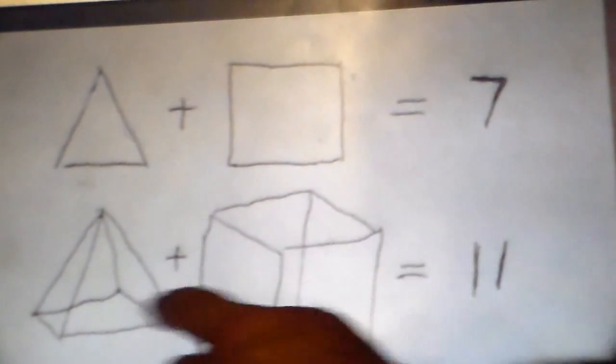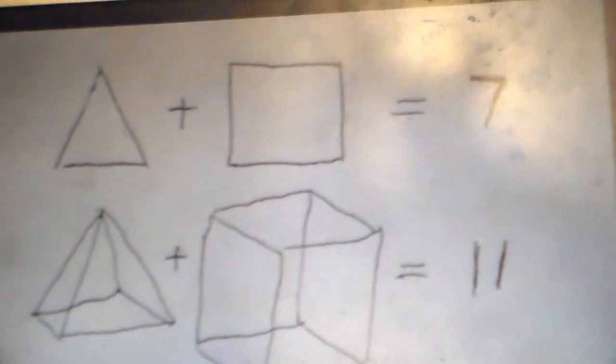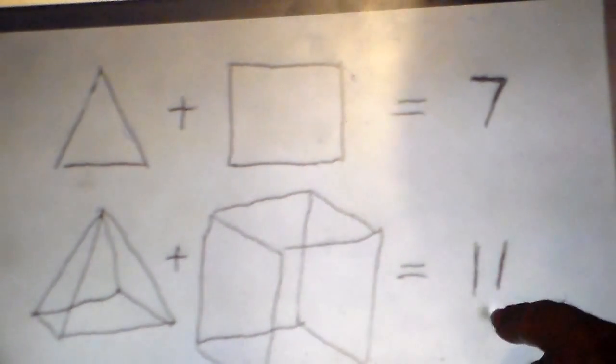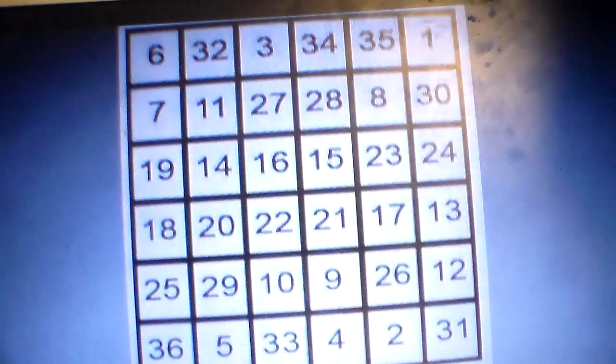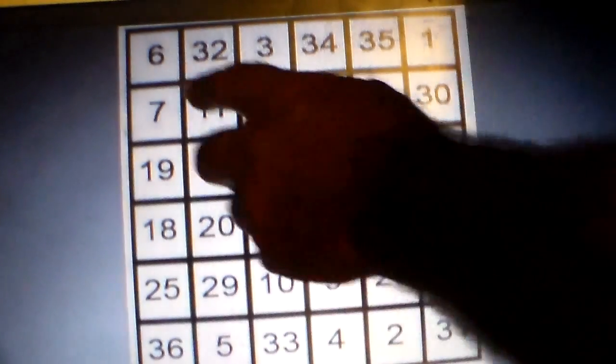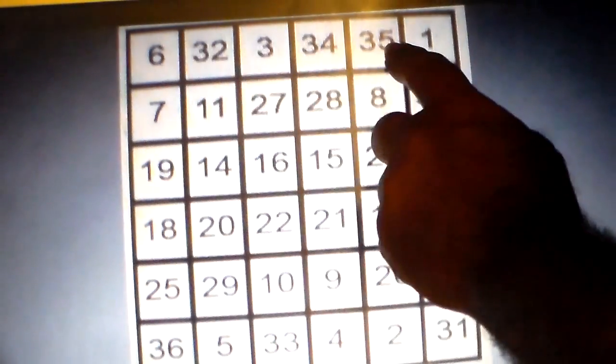Now, this represents 3-dimensional, which represents the spiritual realm, heaven. So that's 7, 11. Now, this goes into the more satanic side, where Satan has copied God's sacred numbers. These numbers all are 35.